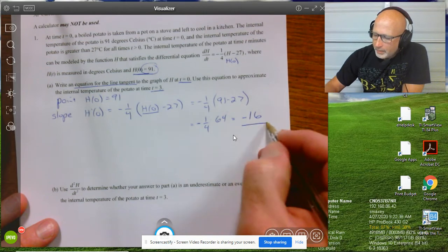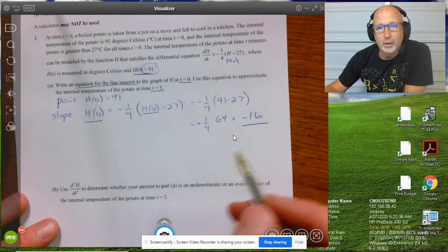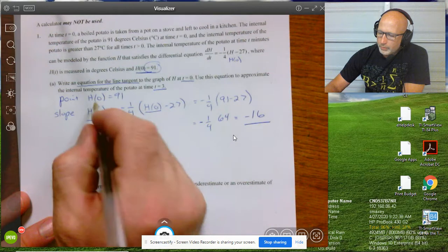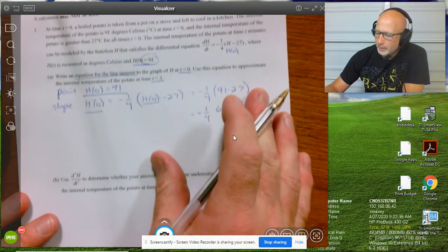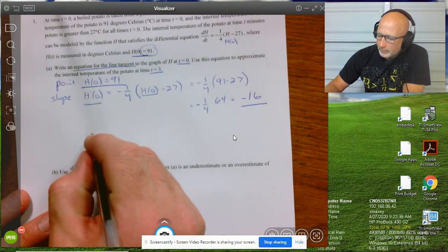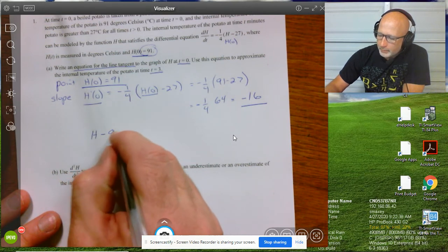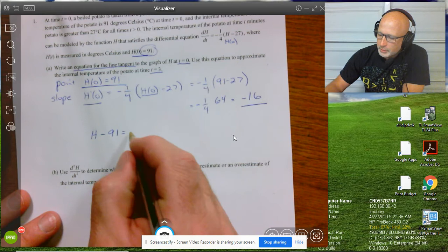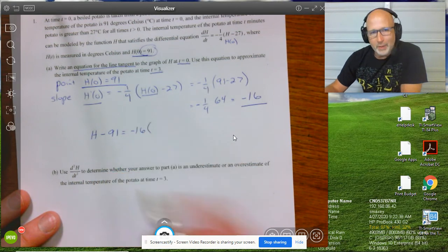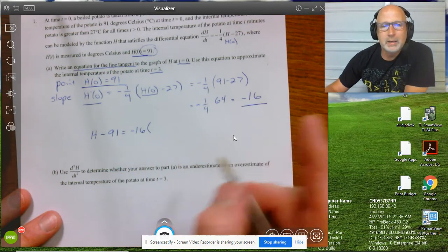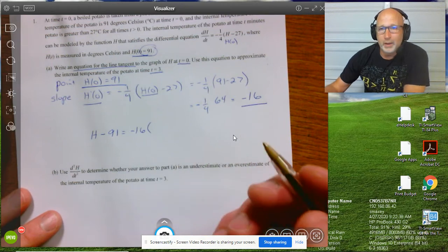Now, what did I find? That is h prime of 0, so that's the slope. I also know what the point is: 0, 91. So my approximation is going to be h minus 91 equals the slope, which is negative 16, times x. But my independent variable here is t, so time.